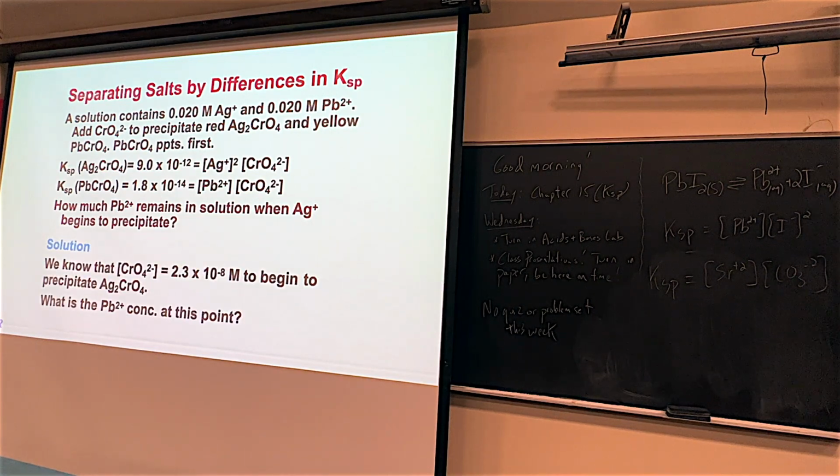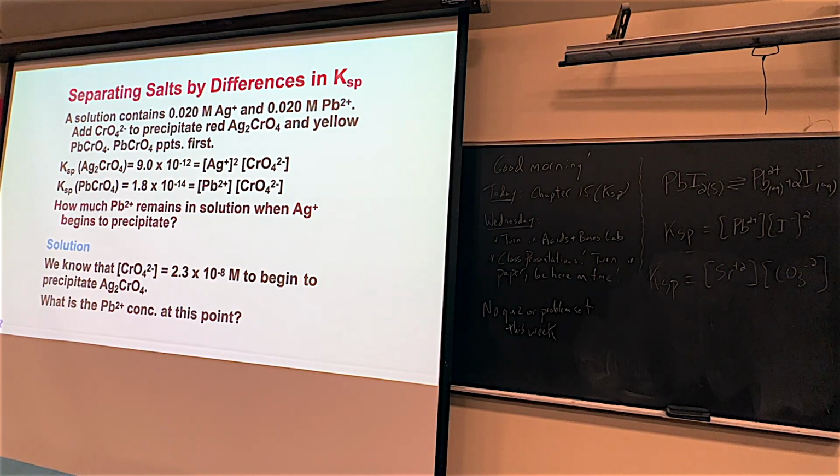So in the last slide, we calculated that the chromate we needed to make the Ag2CrO4 was 2.3 times 10 to the minus 8. And that was a bigger number than the 10 to the minus 13 or whatever the other number was. And we saw that the lead will begin to precipitate. So in this question it says, when the chromate gets to 2.3 times 10 to the minus 8, how much lead is left?